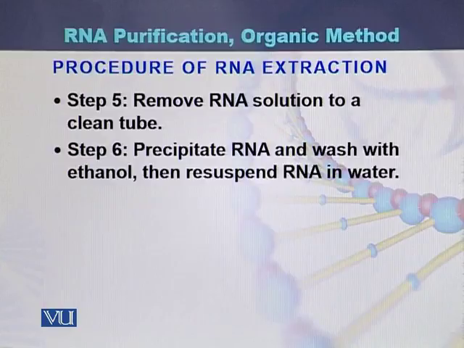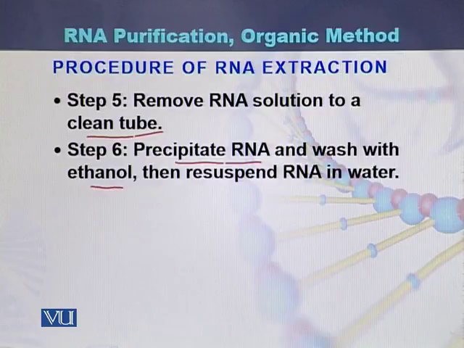At the next step, RNA, which is present in the aqueous phase, the upper phase, is removed to a clean tube. Then in the next step, precipitate RNA and wash with ethanol.